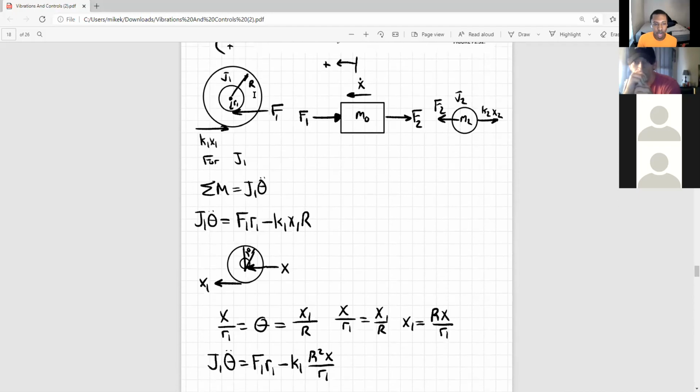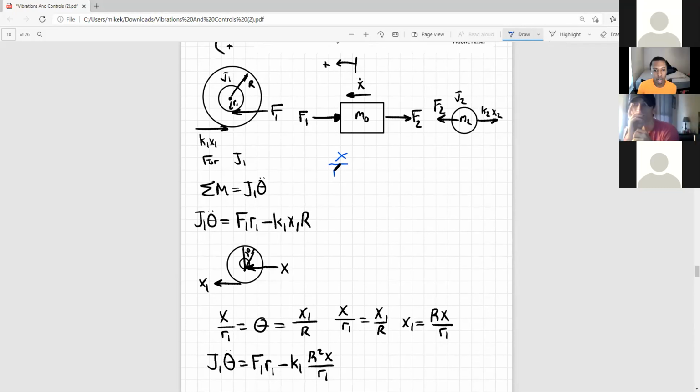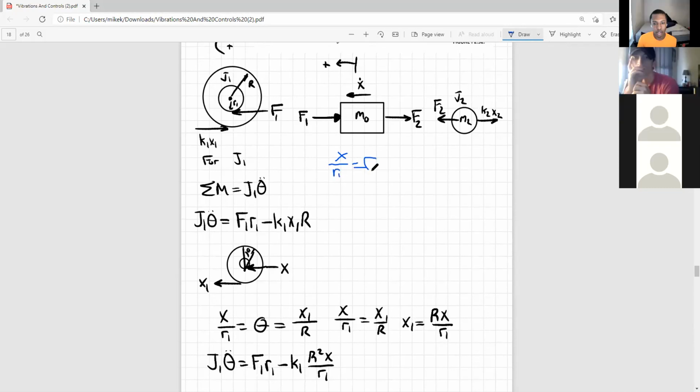Actually, I think I can draw. That will work better. So to get down to here, you'll have a displacement. We'll talk about this first displacement here. That'll be X divided by R1 equals theta. So we're cool with that. And you know that theta on this disk will equal theta on this disk because you can draw a line here.